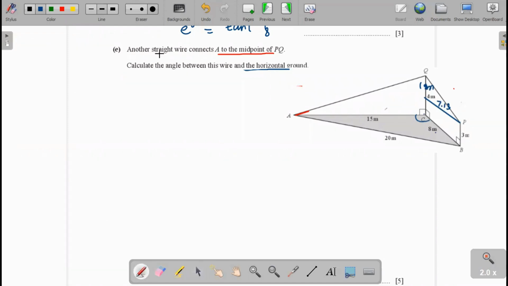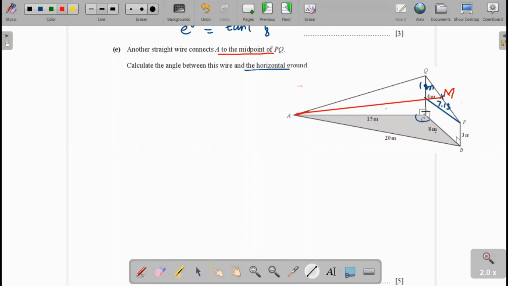Part E: another wire connects A to the midpoint of PQ, and calculate the angle between the wire and the horizontal ground. Now you see here, this is the midpoint, so we name it M. Now we join the point A to that midpoint.